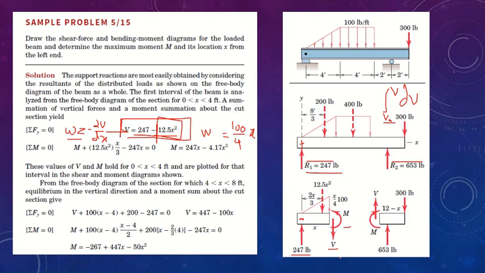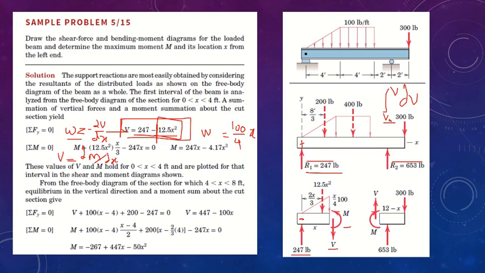So here V is a function of x. You take this V and you integrate it with respect to x. We are going to find this value, and then you will get M is equal to M, that is M naught.